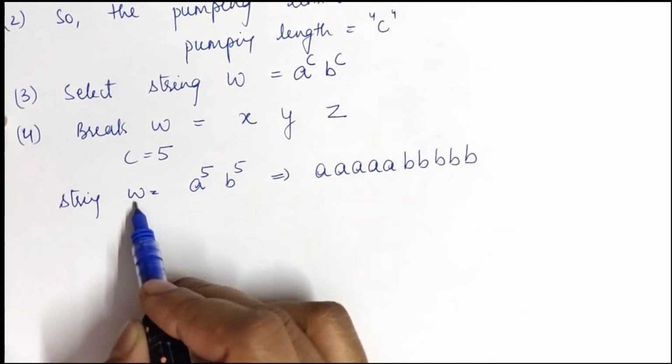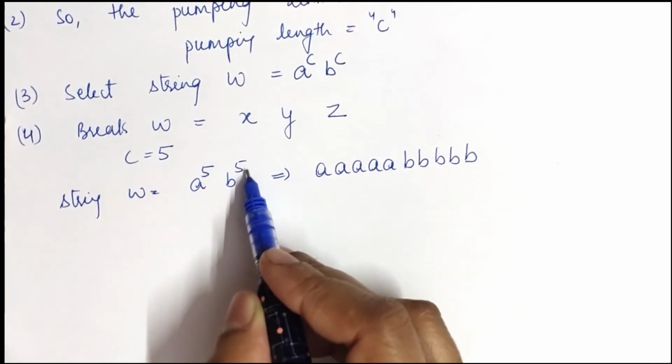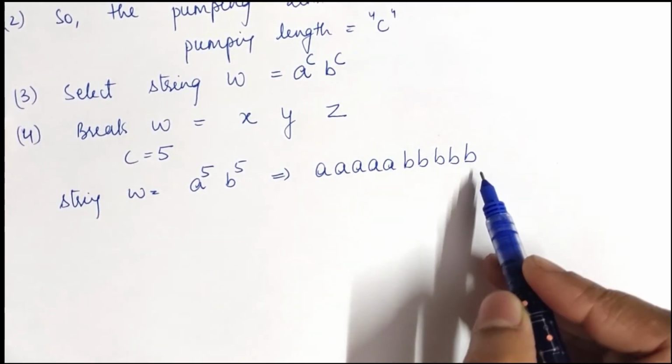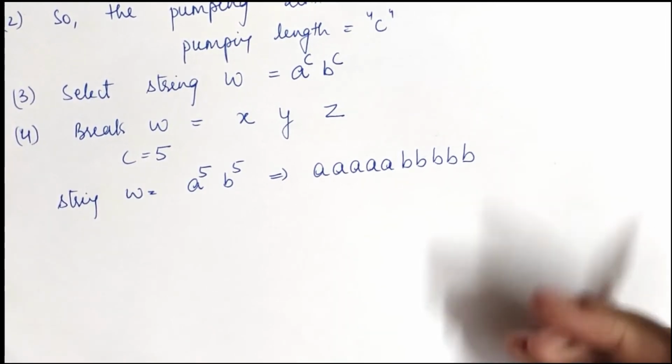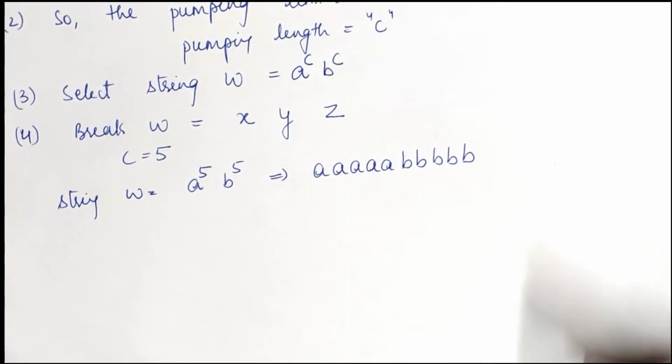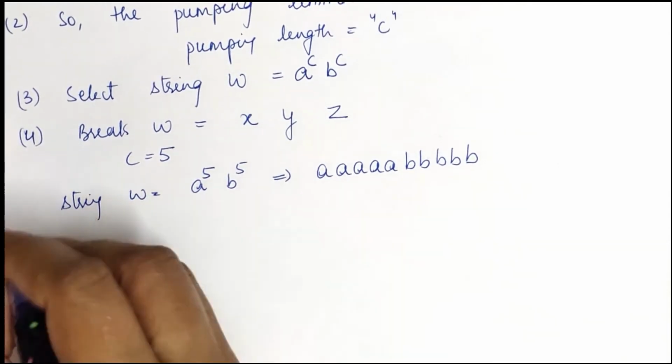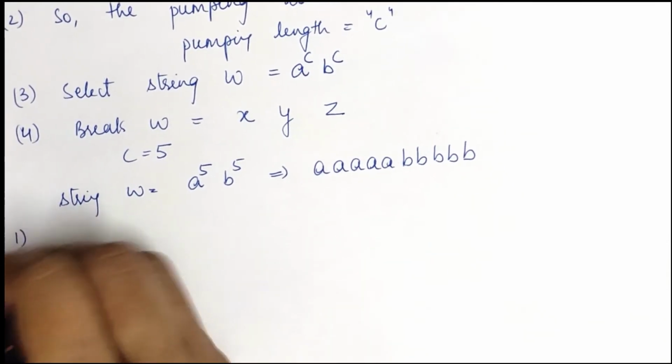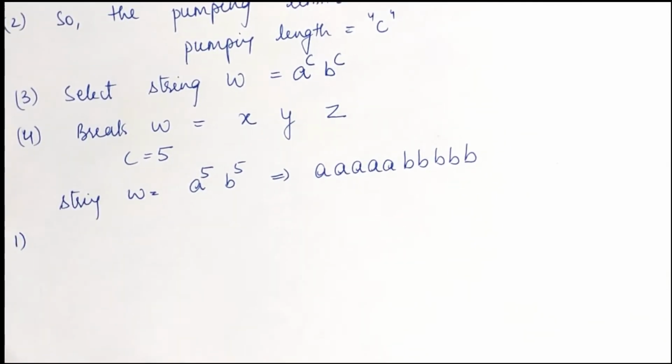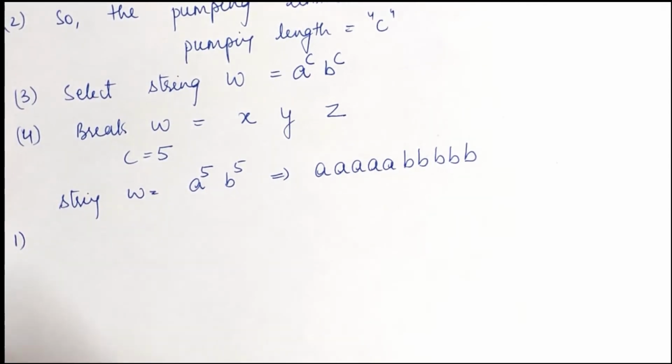After assigning W, a to the power 5 and b to the power 5, means 5 times a and 5 times b, we find all the possible ways to divide this string W into X, Y, Z sections. There are many cases. First case: Y comes in the A part.